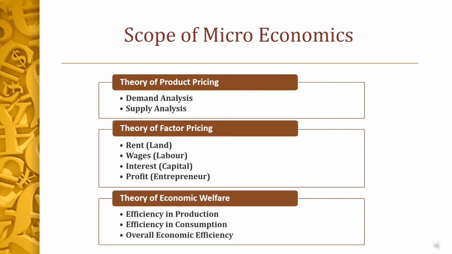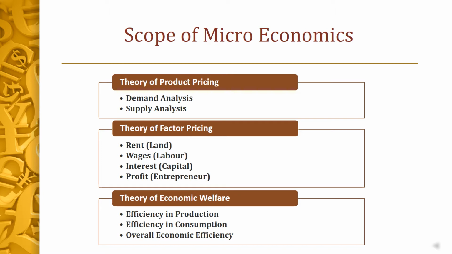Scope of microeconomics. Scope of microeconomics means what are all the things covered under microeconomics. What are the things microeconomics deals with? The first one is theory of product pricing. Microeconomics is often called the theory of product pricing because it deals with determining the market forces of demand and supply.